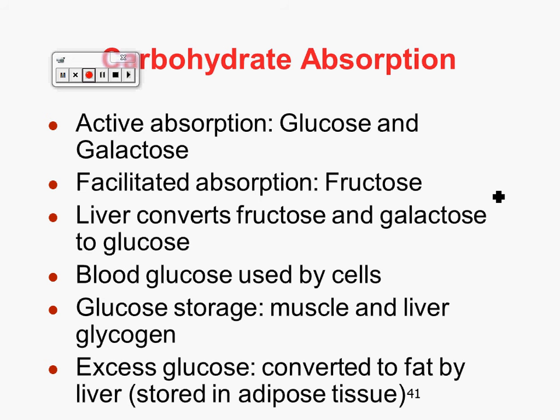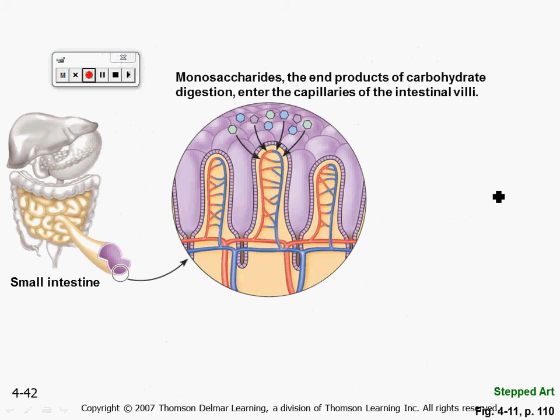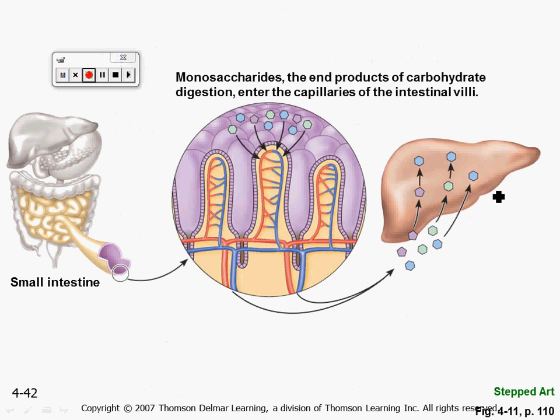Excess glucose can be made into what? A triglyceride, a fat, and stored in adipose tissue. That's how, if we drink a lot of soda, it ends up around our middle, right? This is just showing you the absorption of our monosaccharides. They'll go to the liver, okay, through the hepatic portal vein after they're absorbed through the capillaries, okay?